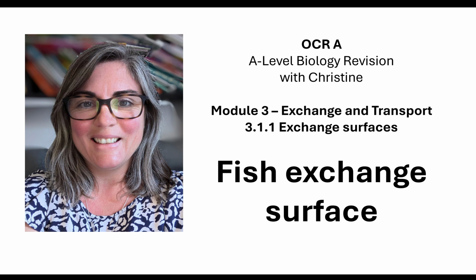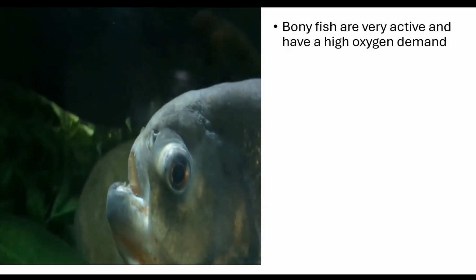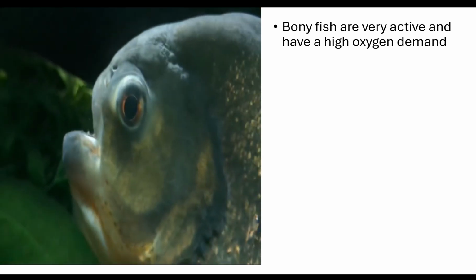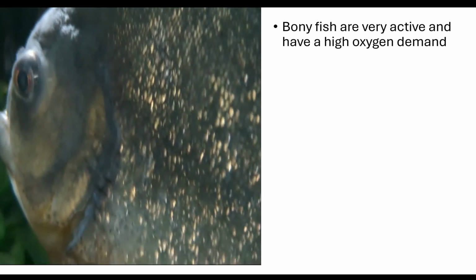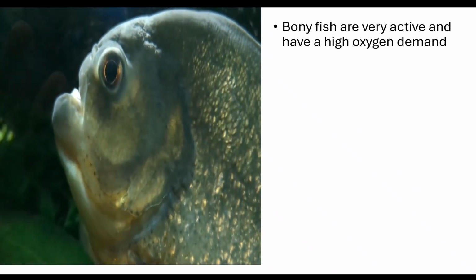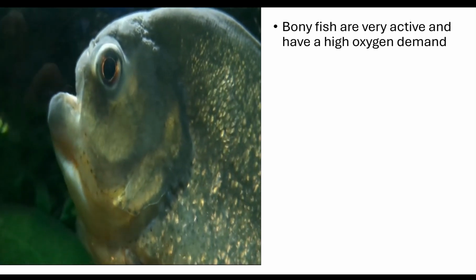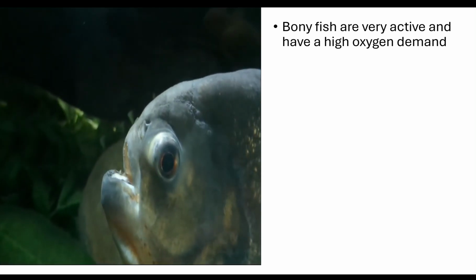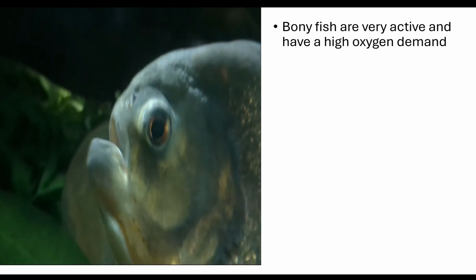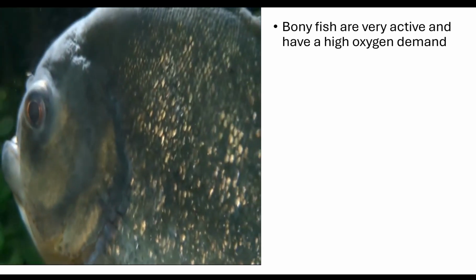So today's lesson I'm going to look at your fish exchange surface. Now, if we were to look at our bony fish, our large bony fish, things like trout, cod, we know that they are very active and they have a high oxygen demand. They require aerobic respiration for the ATP so that they can move around and be as active as they need to be.